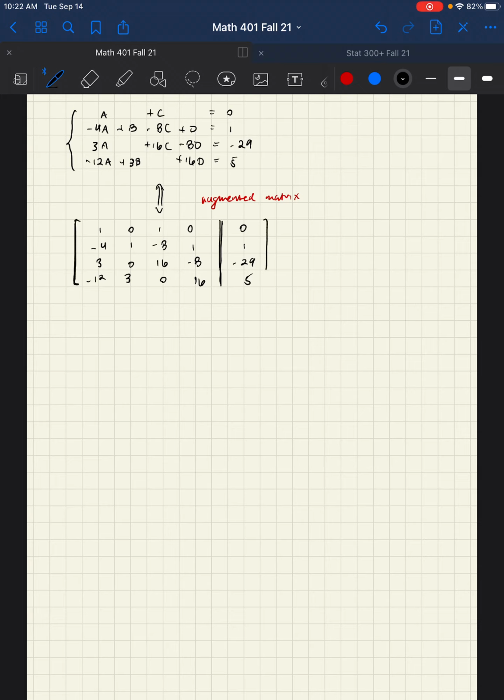So that's the augmented matrix that gives us the equation that we want.